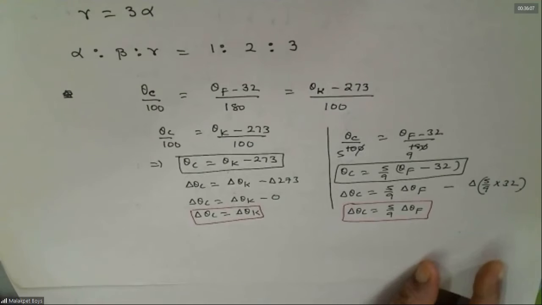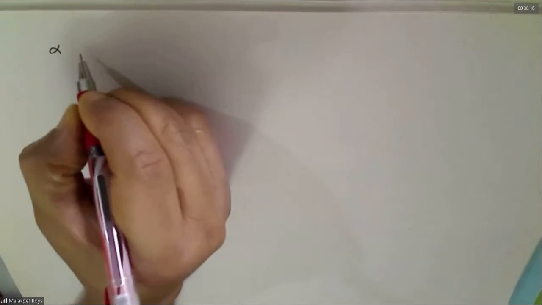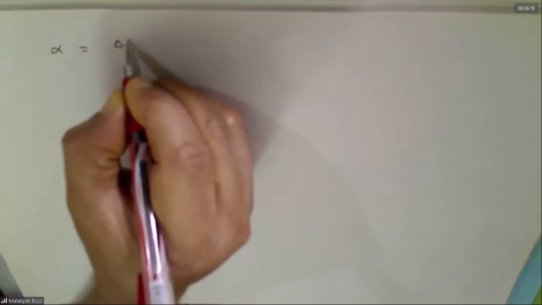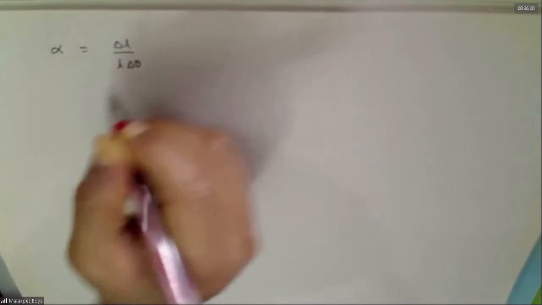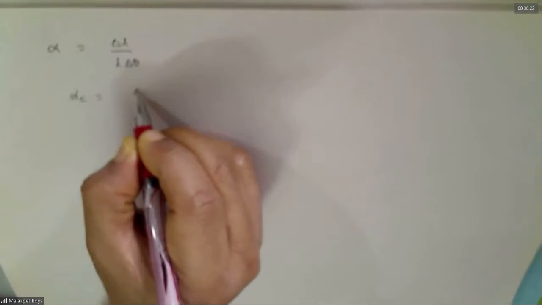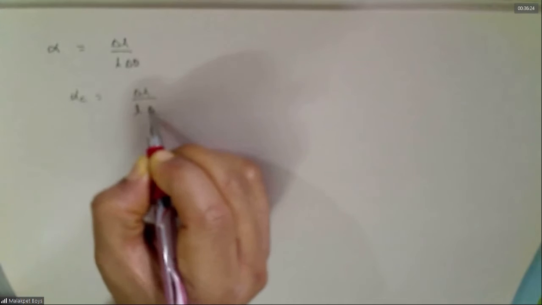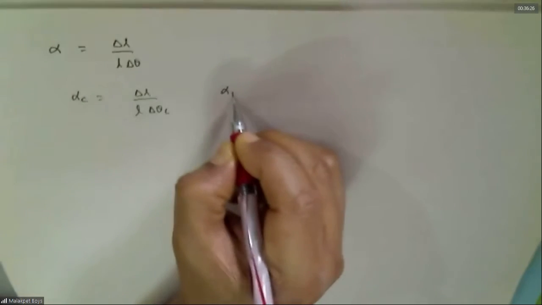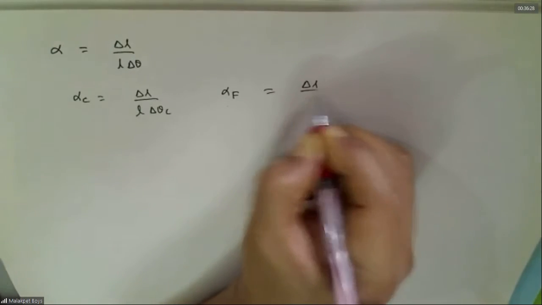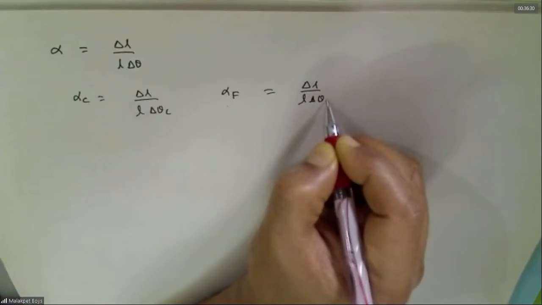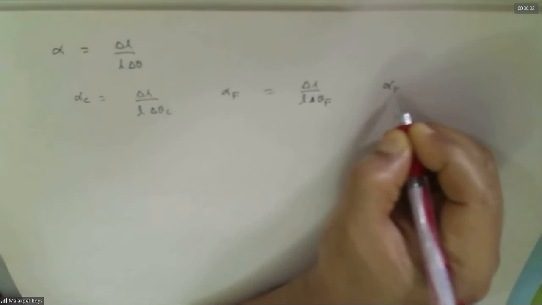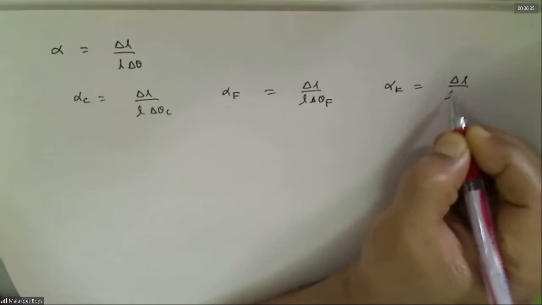Complete this. So now we have alpha. That means if the scale of temperature changes, alpha automatically changes. Alpha in the Kelvin scale will change or not?